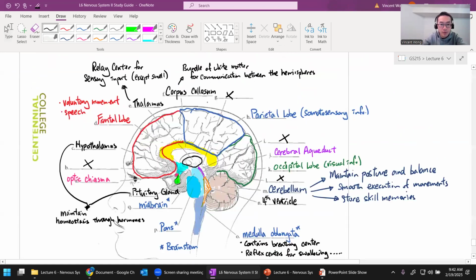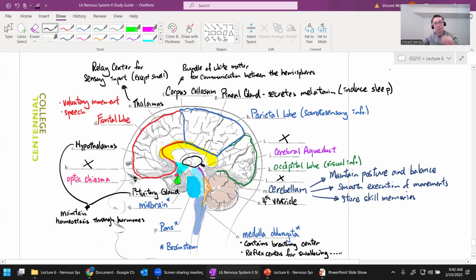Now there's another structure right here. I know I crossed it out, but I just remembered we will have to learn it later on. It's located there. I'll show you on the 3D model in a second. That's the pineal gland, and it secretes melatonin. Okay.